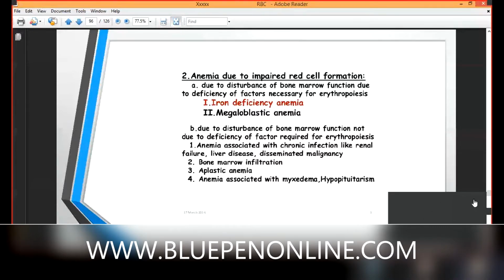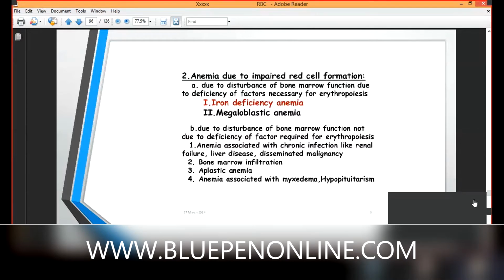Then anemia due to disturbance of bone marrow function, not due to a deficiency factor required for erythropoiesis: aplastic anemia, failure of bone marrow to function, maybe cancer in the bone marrow or kidney diseases.